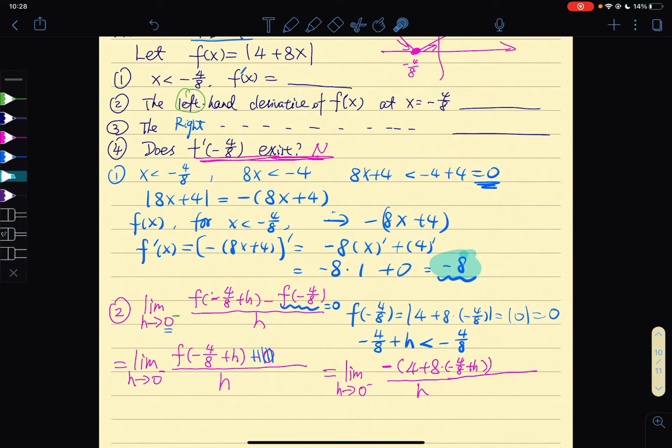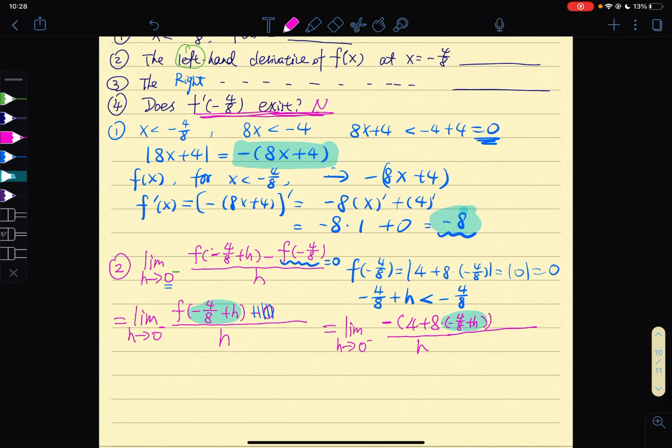So what I did from here to here is I have my function as the negative of the input, because my input was a negative number. So I substituted this into my function, which was negative 4 plus 8 times the expression.